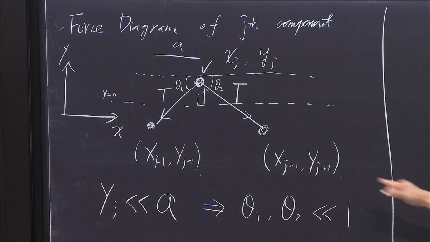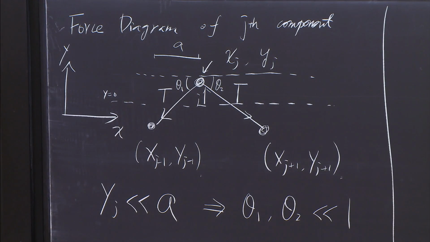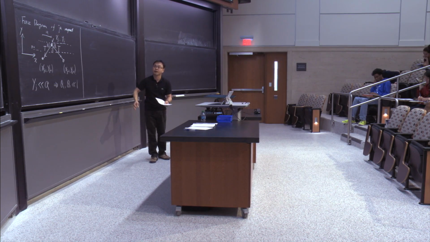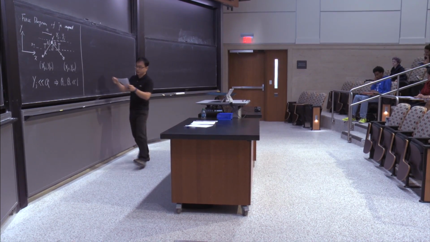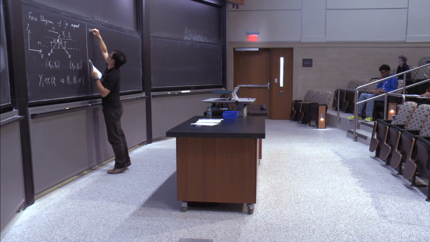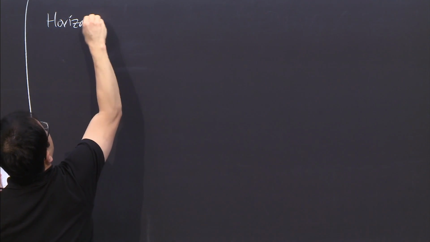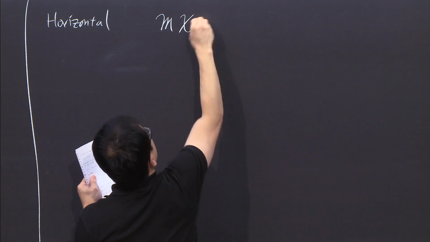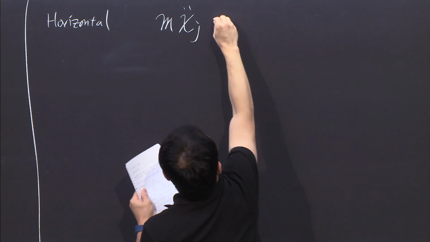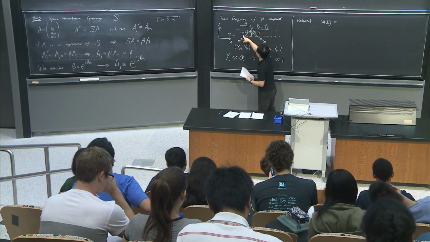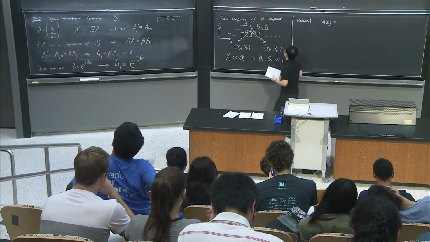Based on this force diagram, I can now write down the two equations of motion, one in the horizontal direction, the other in the vertical direction. In the horizontal direction I get m xj double dot equal to, there are two forces, right? I need to calculate the projection to the x direction.